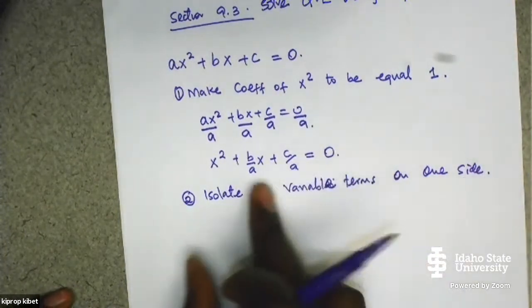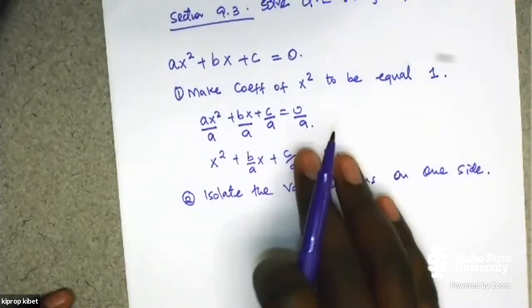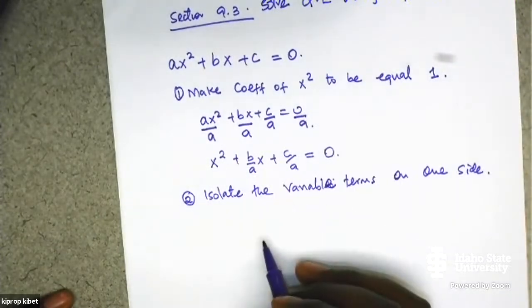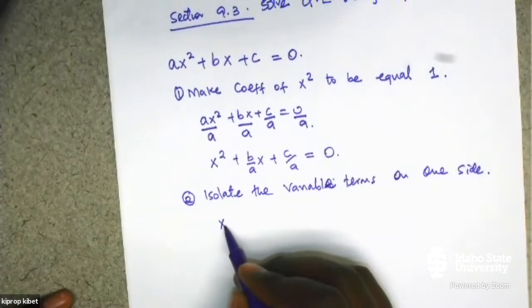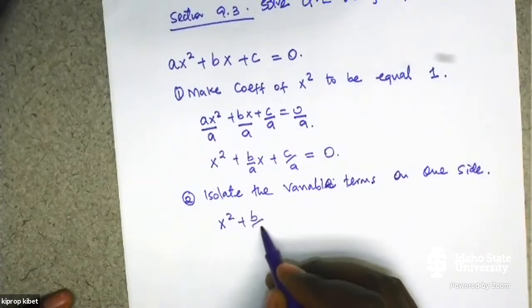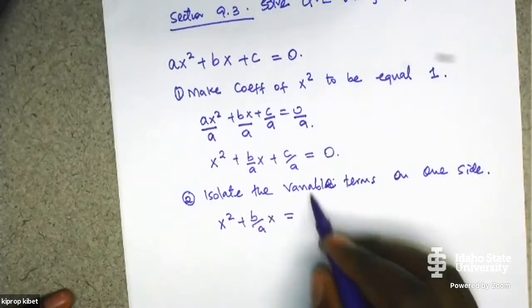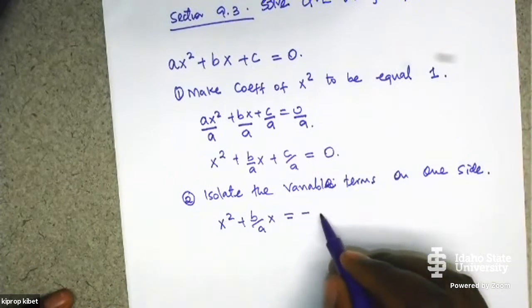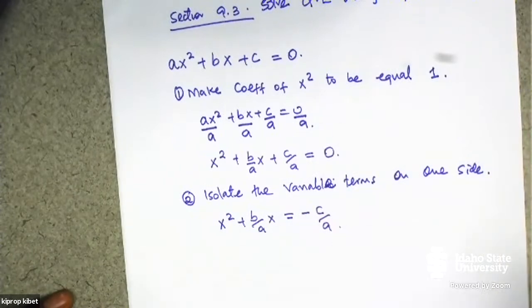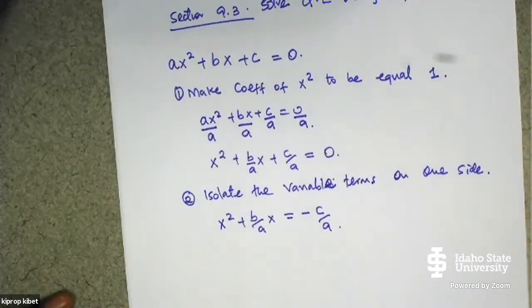That means you take the constant to the other side and leave the variable terms on one side. So x squared plus b over a x equals, we take this one to the other side, minus c over a.